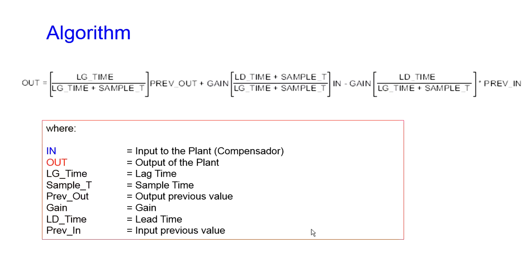Getting back to the algorithm, we note that it has three terms, first term, second term, last term, and all of them have exactly the same denominator, lag time plus sample time. The numerators are different, but the denominator is the same.